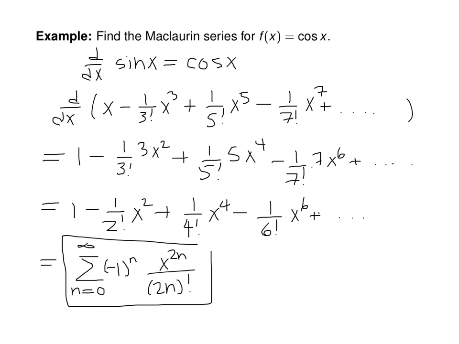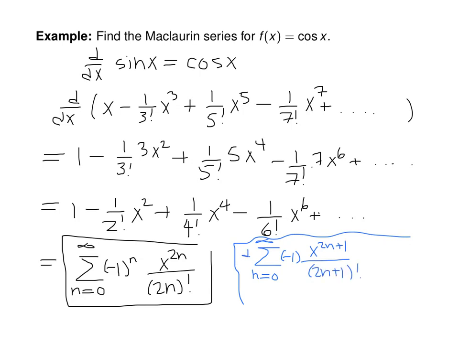Of course, as an alternative, one could have just taken this series and differentiated it, not using the expanded form. The power of 2n plus 1 would pull down, so still negative 1 to the n.